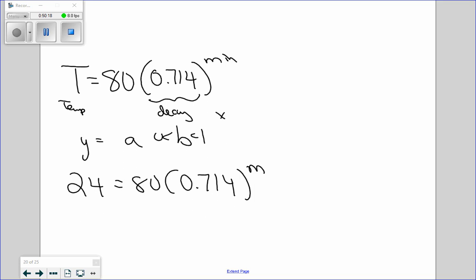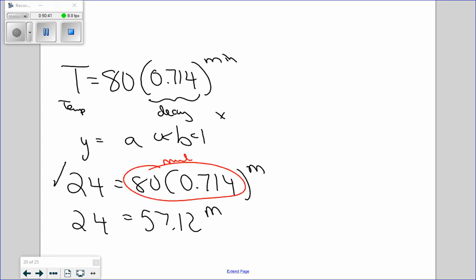So what did they do here? So that was the first one. So did they plug 24 into the right spot? Yes. So they did step 1 right. Step 2, they have 24 equals 57.12 to the m. Well, how did they get the 57.12? They multiplied this. That is what you cannot do.